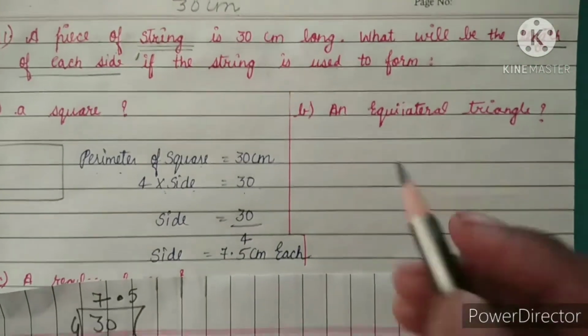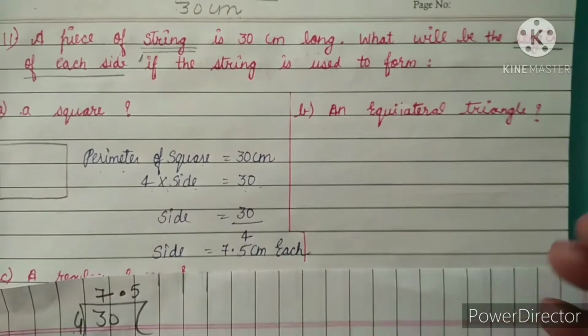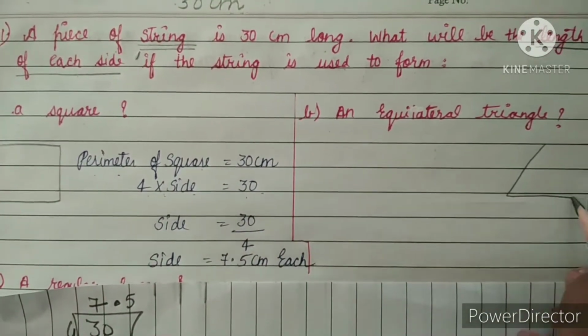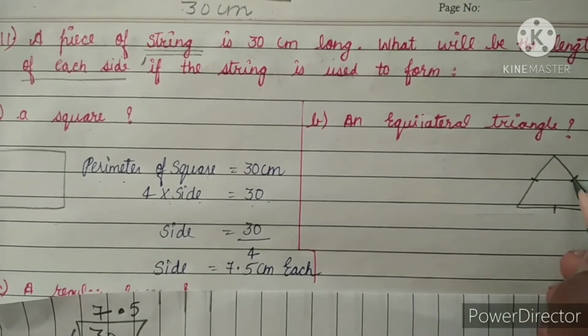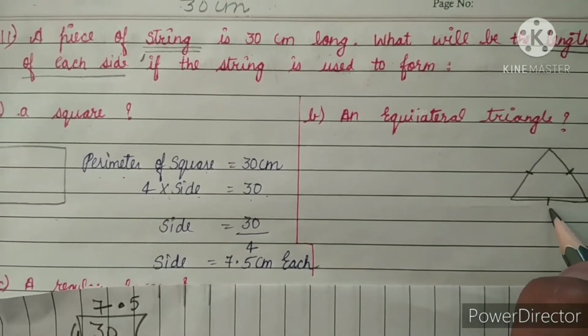Now its B is an equilateral triangle. The equilateral triangle is the triangle whose all sides are equal. All sides are equal. This we have to find.